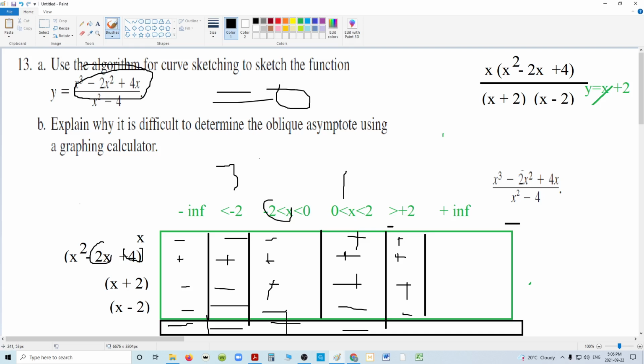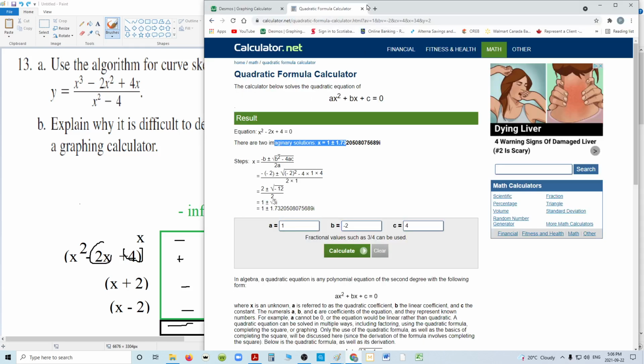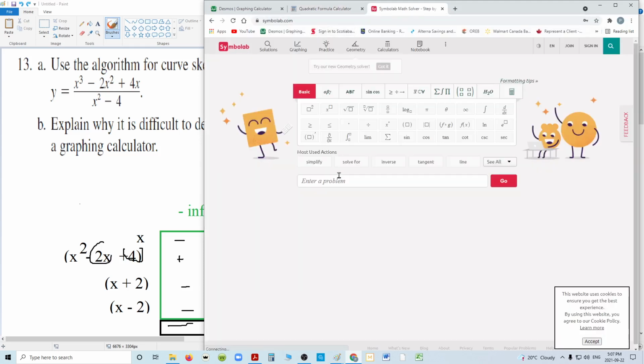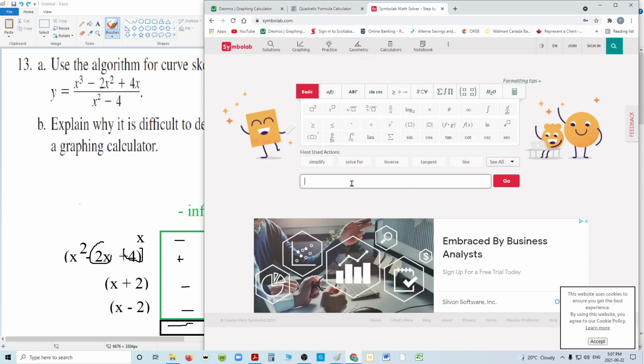It wouldn't be too bad finding the first derivative. It'd just take a long time. So I'm going to just use Symbolab instead, and I'm going to ask it to find the derivative.